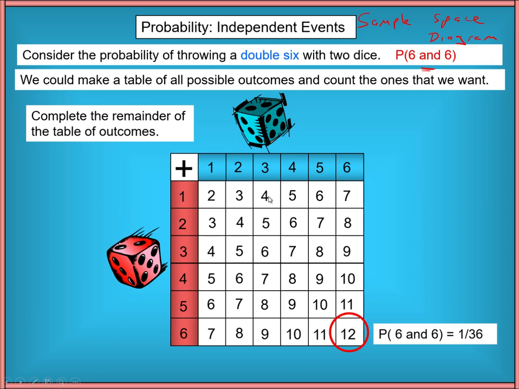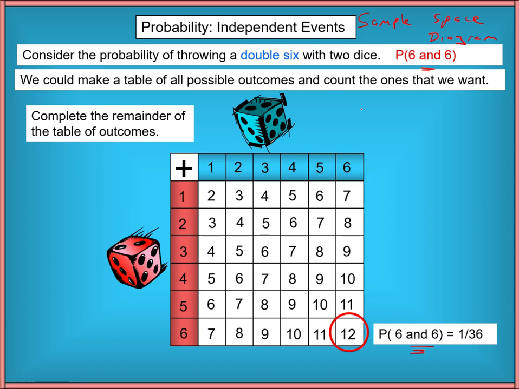So you've got 1, 2, 3, 4, 5, 6, and 1, 2, 3, 4, 5, 6. So 6 times 6 is 36, so you get 1 out of all 36 possible outcomes you can get. So what's important then is to see that when we've got AND here, it means we multiply the individual probabilities.